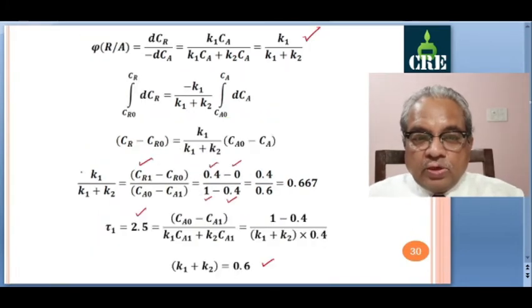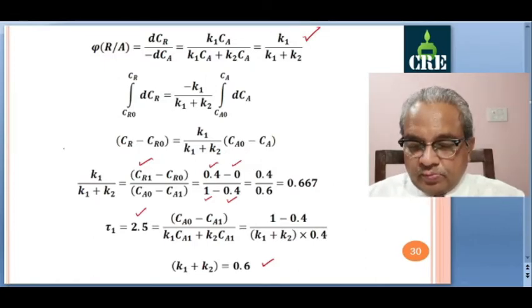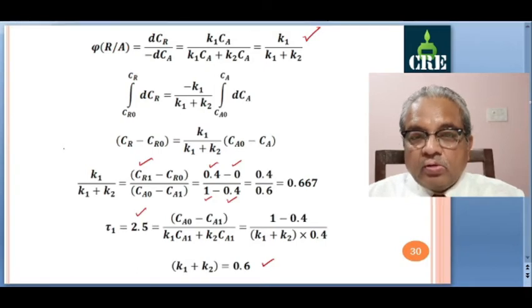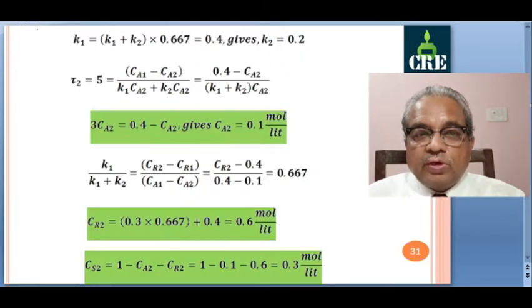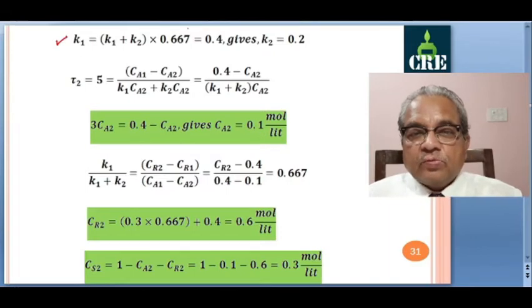Now you know K1 by K1 plus K2 is 0.667. So K1 will be K1 plus K2 multiplied by 0.667.